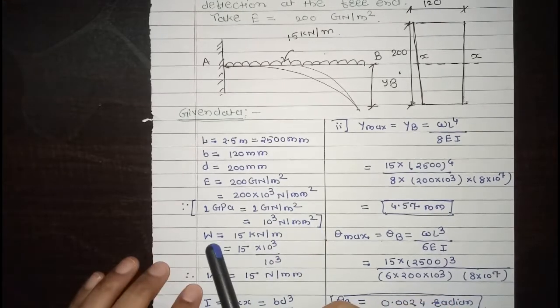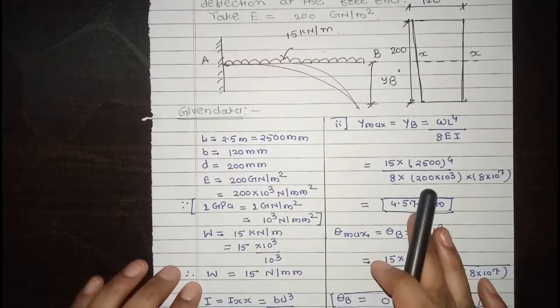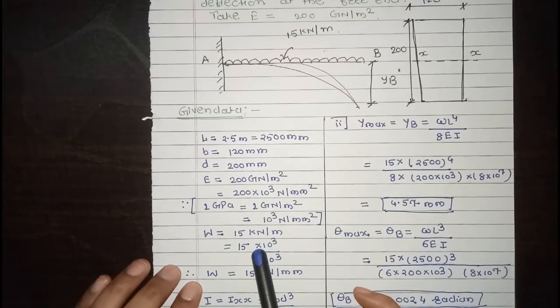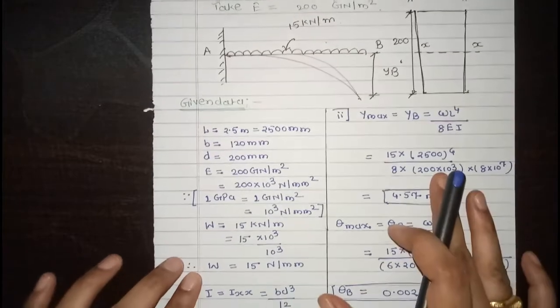Okay, so W is equal to 15 kilonewton per meter. Convert to Newton per mm: 15 into kilonewton to Newton 10 cube, divided by meter to mm 10 cube. So W is equal to 15 Newton per mm.